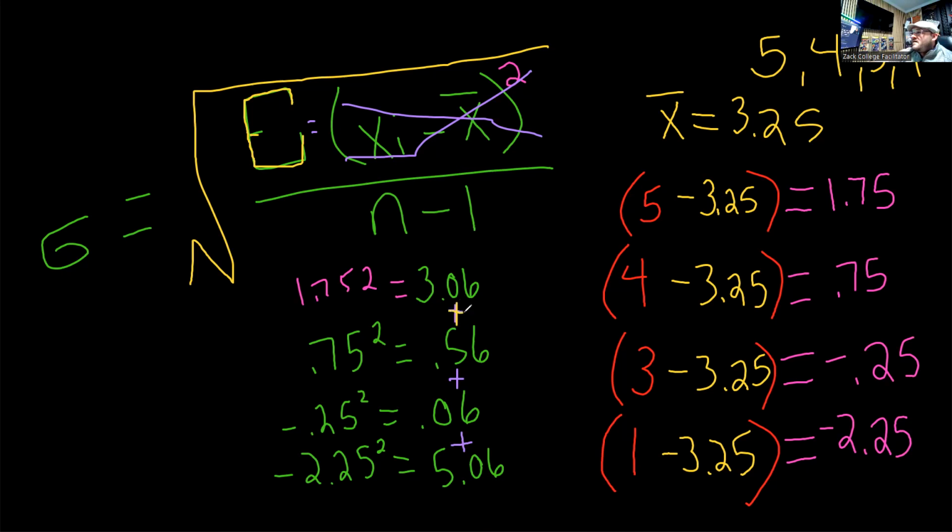When I add these values right here, 8.74. What do you get all together? 8.74. Is that what else you guys got? Verify that, guys. Yeah, that's what I got. Okay.